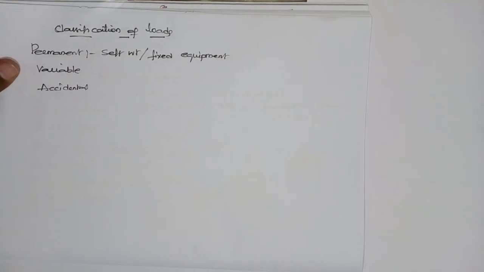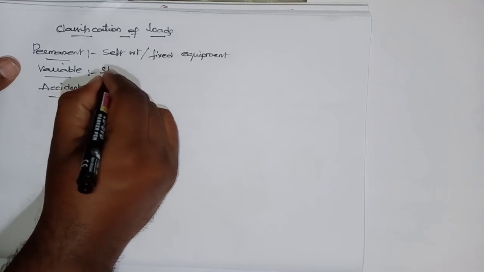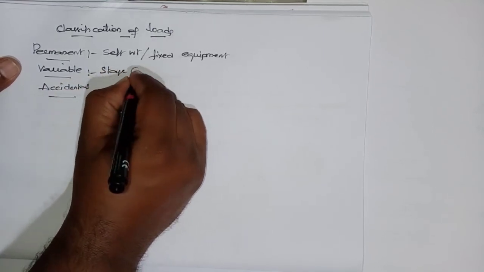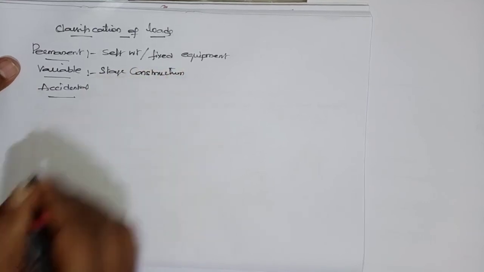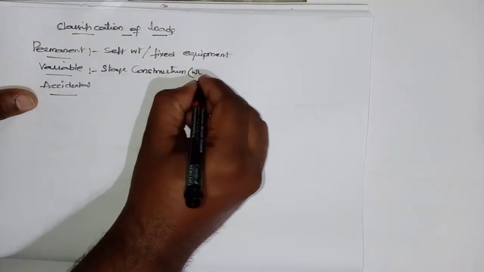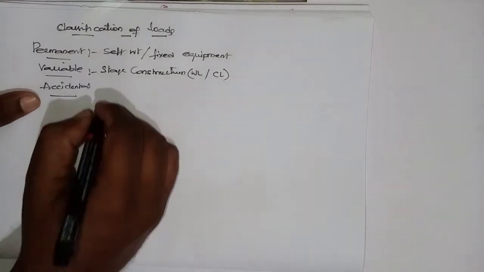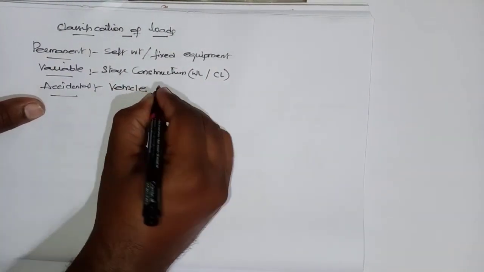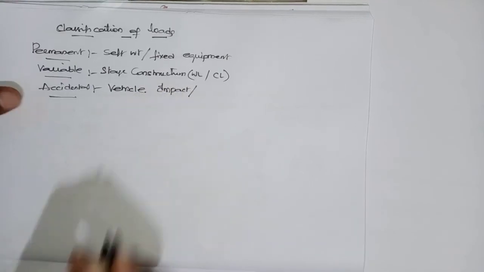Next, variable means what? In the case of stage construction, as the stages increase, the load also goes on increasing. Some wind load, crane load, like that. Next, accidental, sudden vehicle impact.